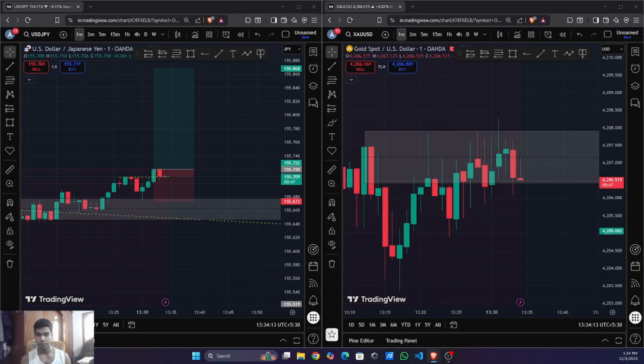AUD is giving the 5 minute breakout structure we wanted. So as per plan, I'll go half quantity in AUD. So I'm in AUD.